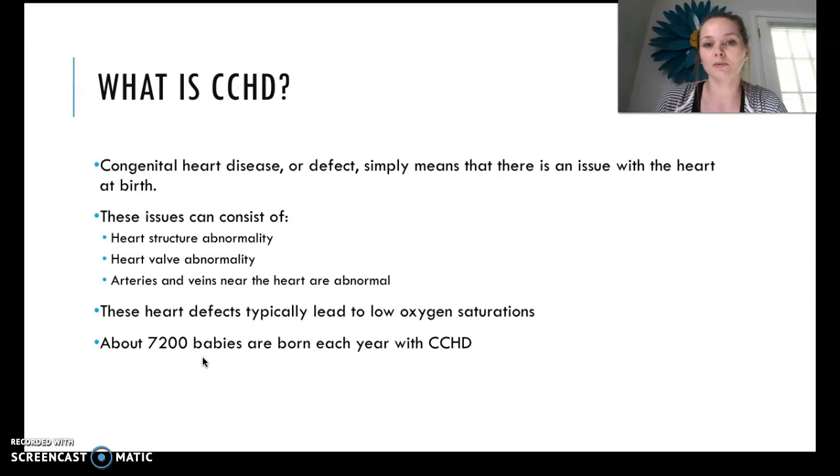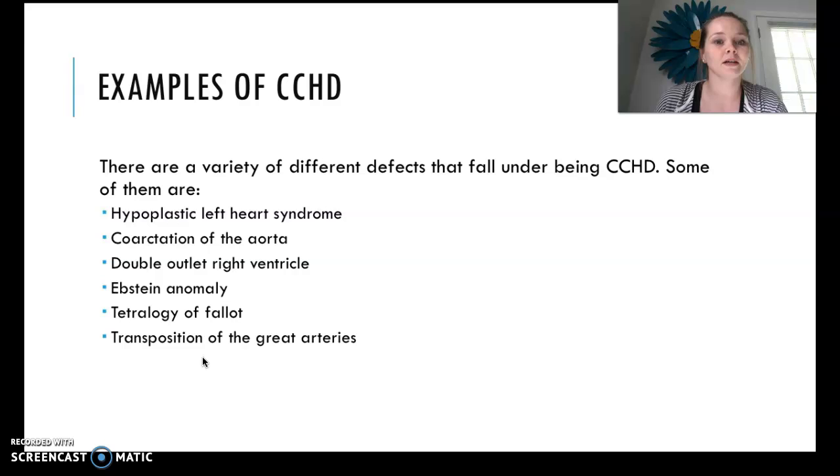Anyways, so I will begin describing some of the heart defects that there are. So some examples of CCHD, I went ahead and did the ones that I see the most of just because I know the most about them. Anyways, there are a variety of different defects that fall under CCHD.